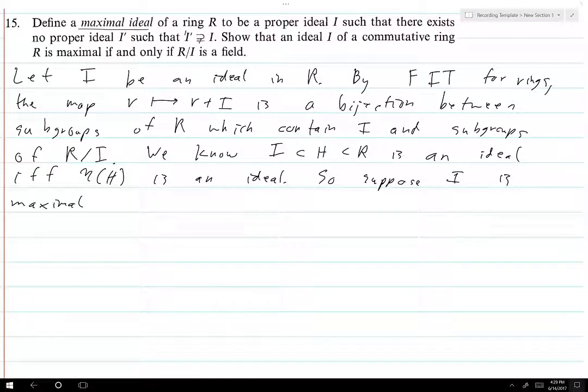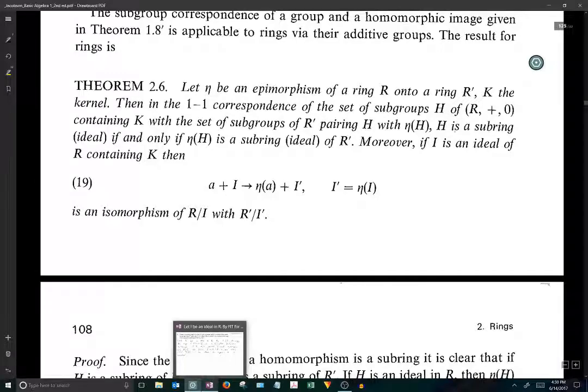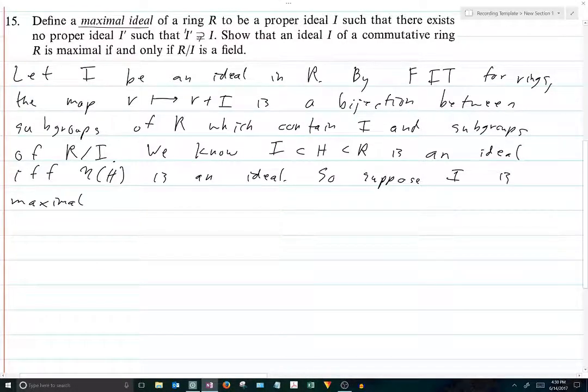Let's see here, and let's just remember. That applies so long as eta is an epimorphism of a ring R onto R prime with kernel K. The map that sends r to r plus I is clearly an epimorphism, and its kernel is I, because anything in I will just go to r plus I, which becomes I. So by the fundamental isomorphism theorem, yeah, that's the first.